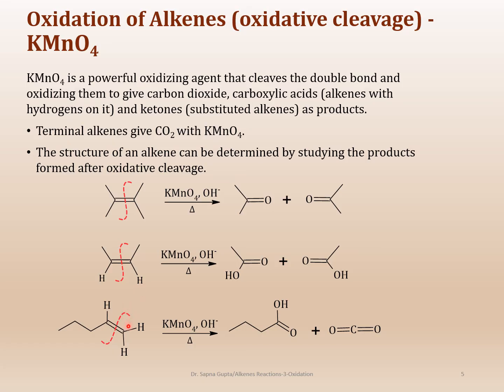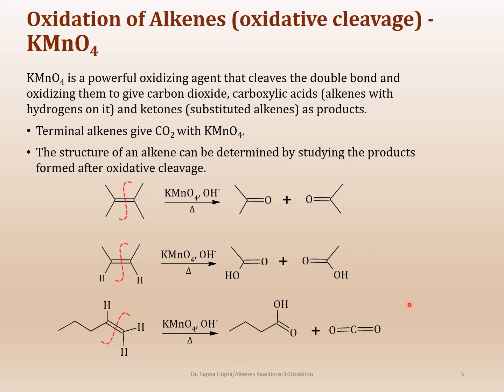Now, if you have a terminal alkene like this one, where you have two hydrogens on one side, and here you have a carbon and a hydrogen, the carbon and hydrogen side is similar to the previous alkene, so that will give you an acid. The terminal carbon here will give you carbon dioxide. So you can see that with potassium permanganate, you get a variety of products. There is no aldehyde here though. You can see that.